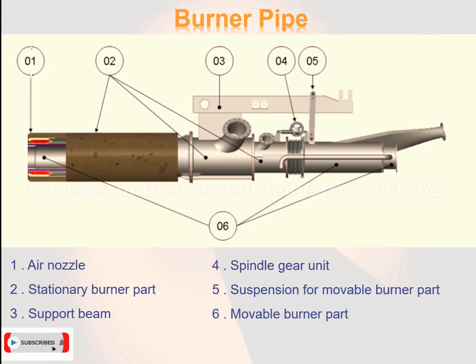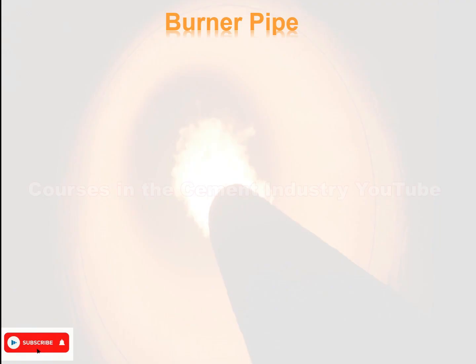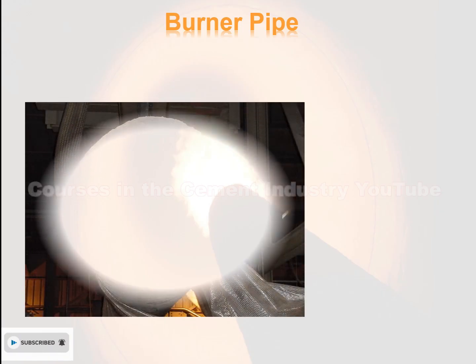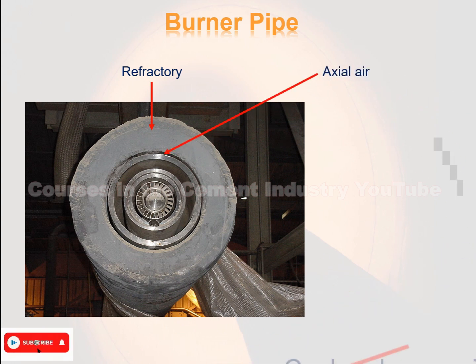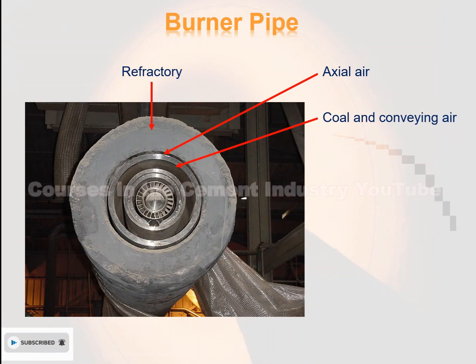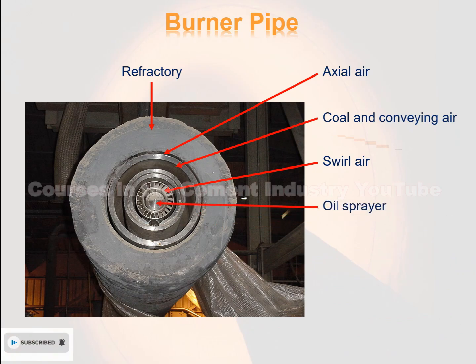Movable burner part. Burner pipe, consisting of 1. Refractory. 2. Axial air. 3. Coal and conveying air. 4. Swirl air. 5. Oil sprayer.